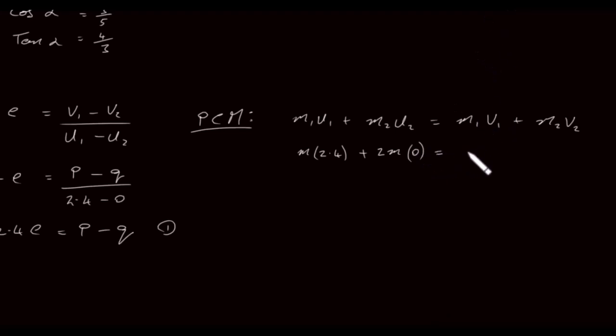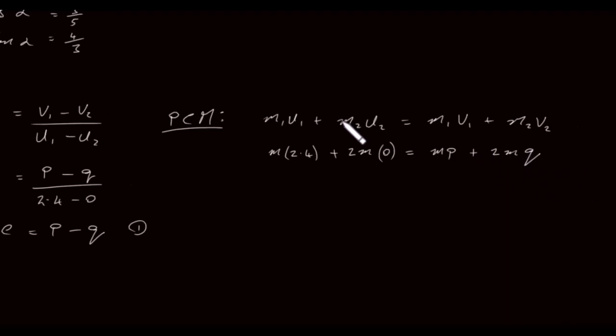And then the momentum afterwards, again, is going to be m times p plus 2m times q. Okay, so let's just simplify this so we can cancel all the m's anyway. So we've got 2.4 is equal to p plus 2q. This is our equation number 2.